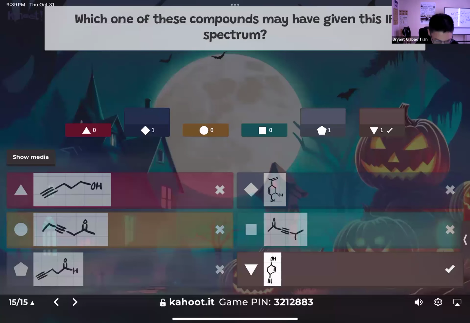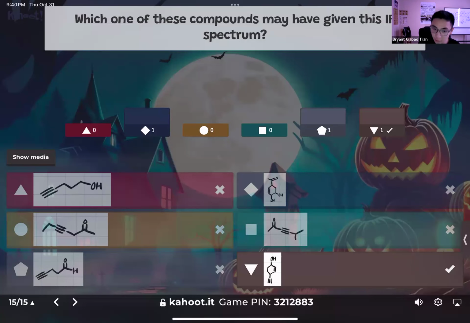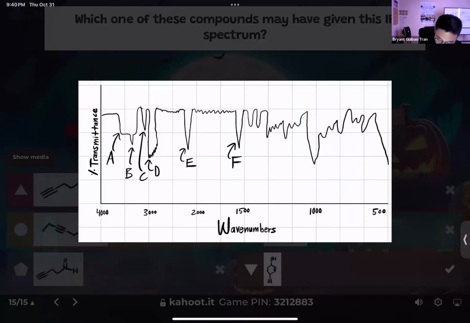So now, let's do the ones that you guys chose. Dark blue has a carbonyl, carbon double bond oxygen. But we said in the IR there's no 1700 peak, so dark blue is incorrect. If we look at gray, we do have the terminal alkyne, but we don't have the aldehyde peak.